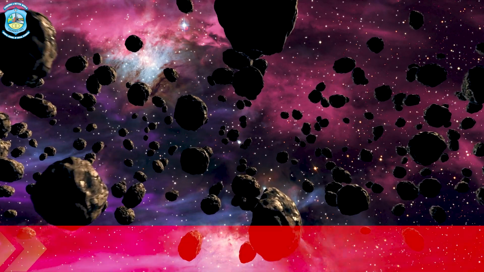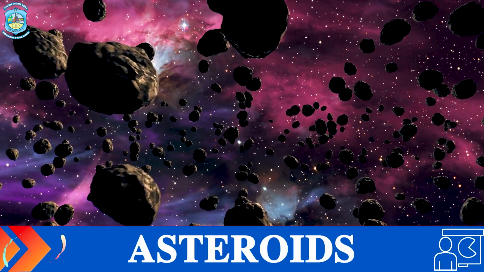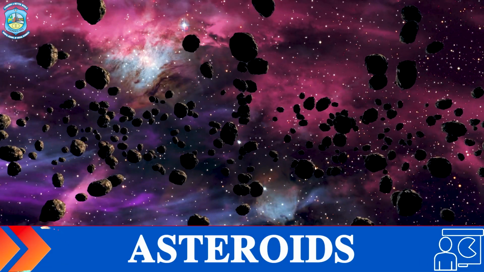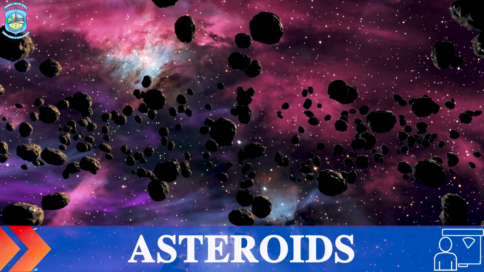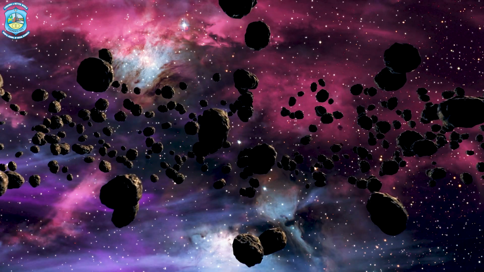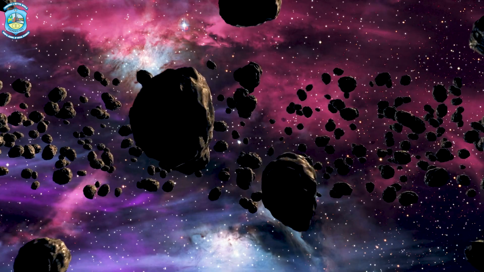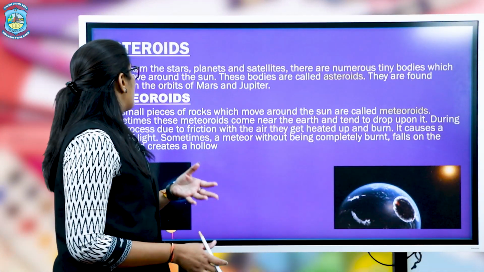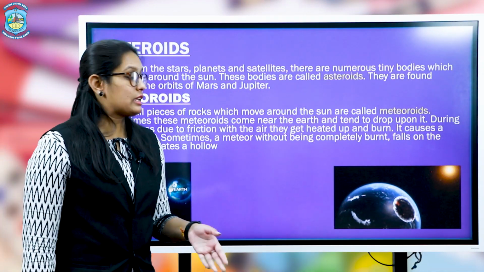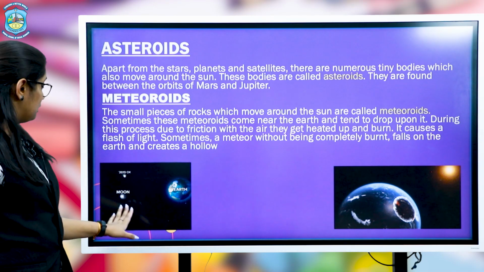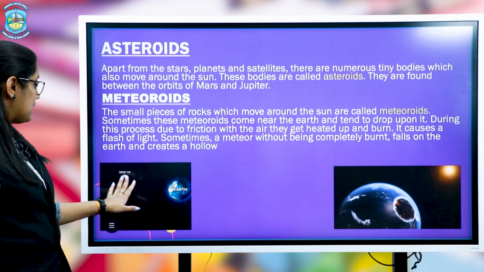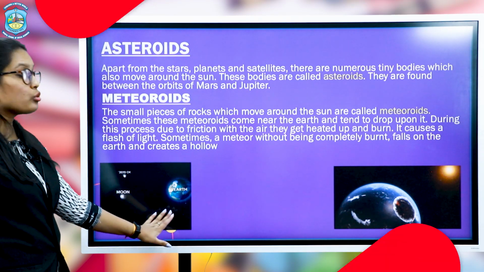Our next topic is asteroids. What are asteroids? Apart from the stars, the planets and the satellites, there are numerous tiny bodies known as asteroids. As we can see in this picture, this is Earth and asteroids are passing close to the Earth.